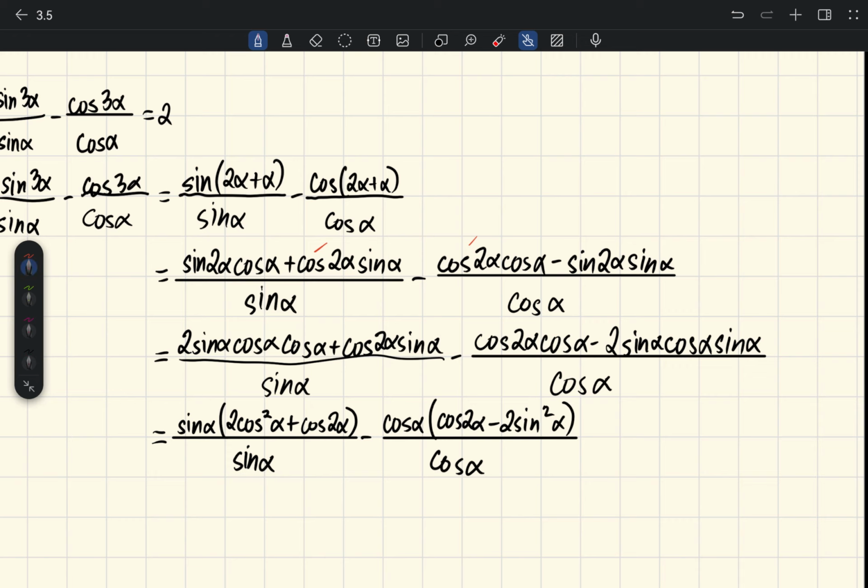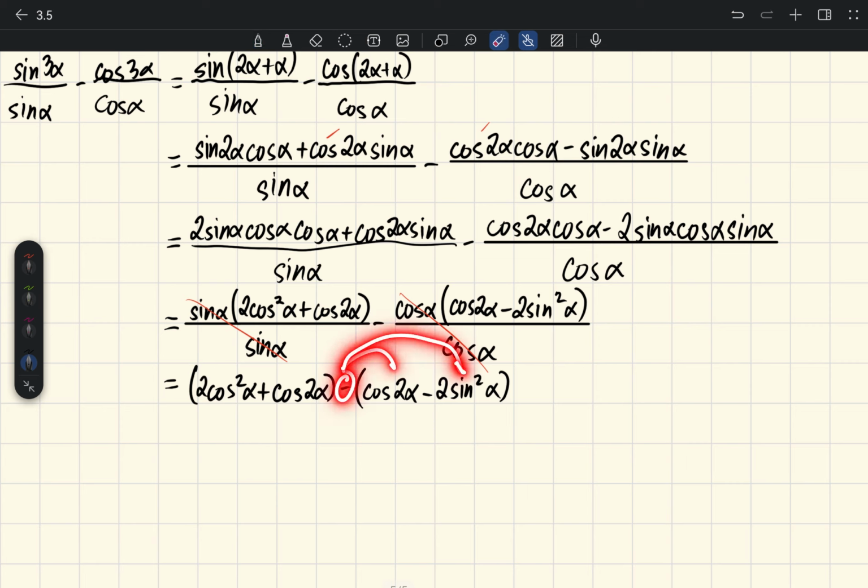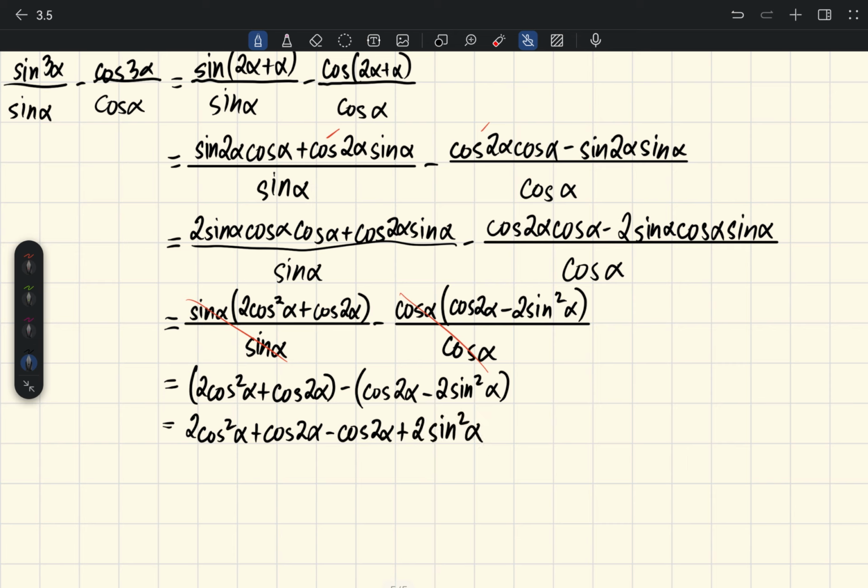Then from here, we can cancel out sine alpha and cosine alpha. We have 2 cosine squared alpha plus cosine 2 alpha minus the quantity cosine 2 alpha minus 2 sine squared alpha, which by distributing the negative sign in these two terms right here, we'll get 2 cos squared alpha plus cosine 2 alpha minus cosine 2 alpha plus 2 sine squared alpha.